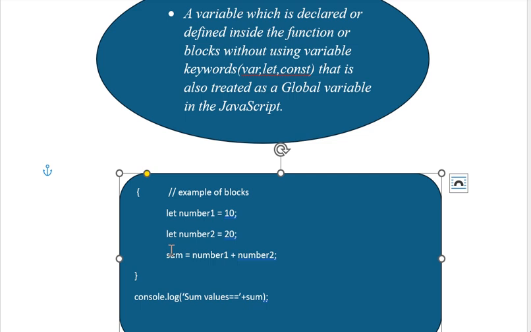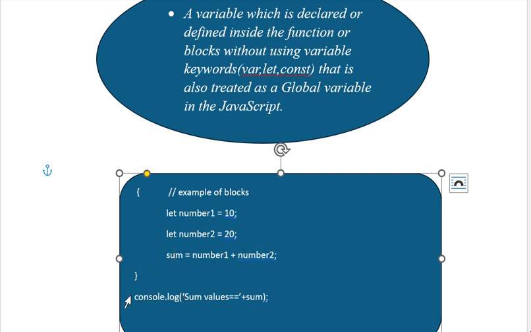In the previous video we discussed that a variable declared outside of the block or function is a global variable. But here we have not declared sum outside; we are just using sum equals number1 plus number2. So JavaScript treats a variable defined without a variable keyword like var, let or const as a global variable, so that we are able to access sum outside of the block.